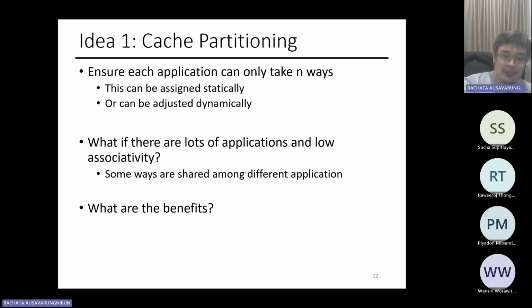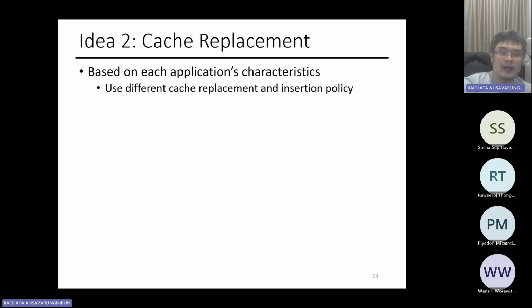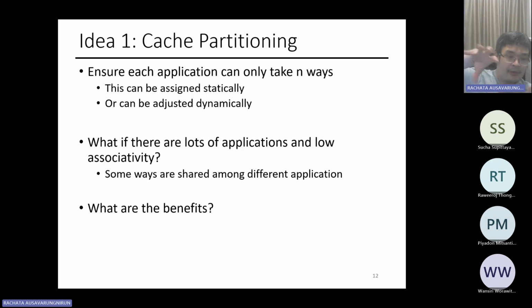The benefit here is you get really good isolation, because each application gets assigned a certain number of ways. So with this approach, you can partition the cache in whatever way you want. The hard part is what should be my assignment strategy and how do I adjust it? How do I know I need more or I need less, right?